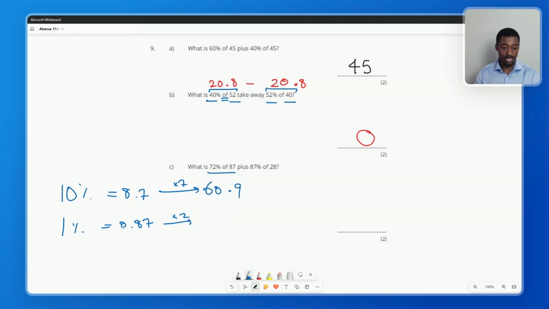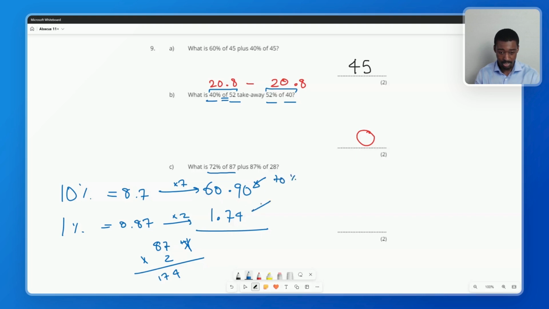Then we have 1% times 2, so 0.87 multiplied by 2. Now, just to make sure we don't make any silly mistakes, let's just do it manually. 14, carry the 1, 16, add the 1, 17. So it's going to be 1.74. So now 72%, add those two things together because this is 70%.